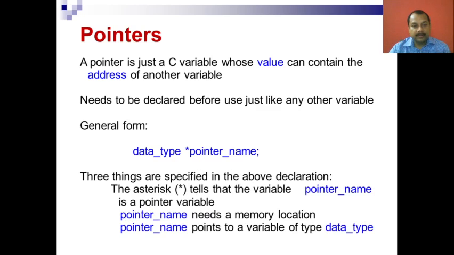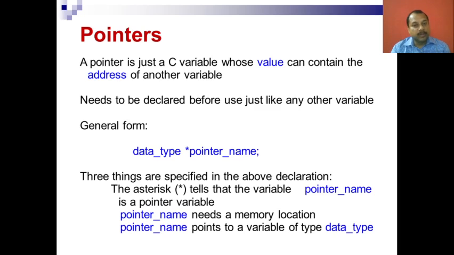Okay. So three things are specified in the above declaration. The asterisk tells that the variable pointer name is a pointer variable, which means it is a variable whose data type is defined here as the data type, but it will store only the address.